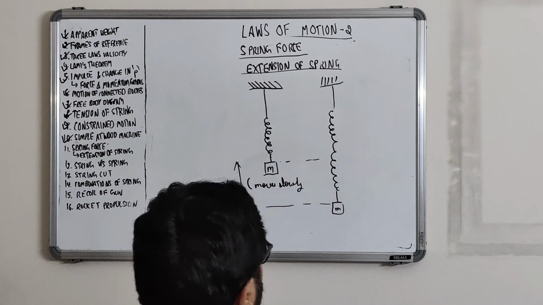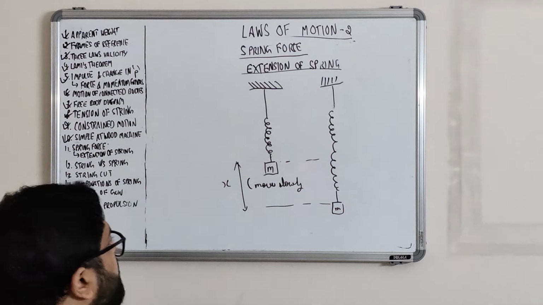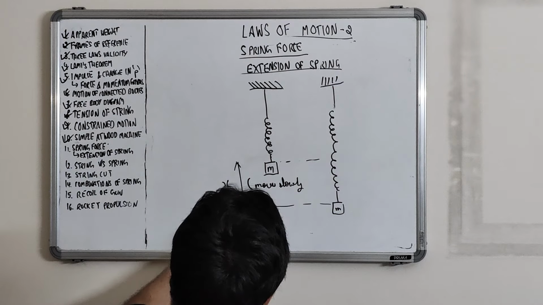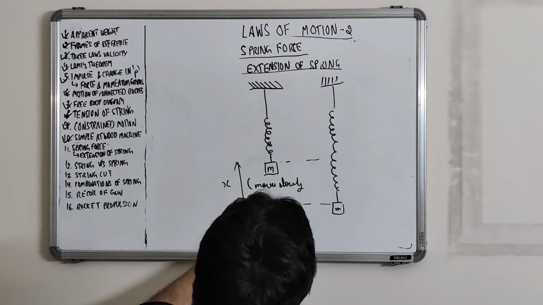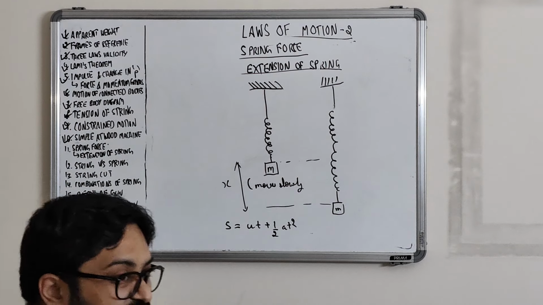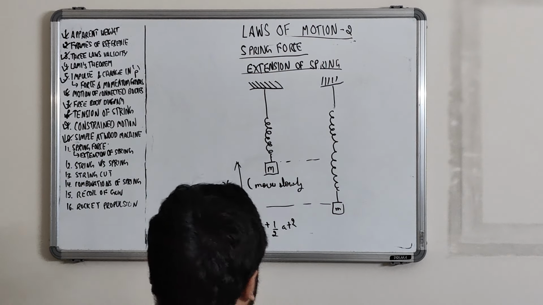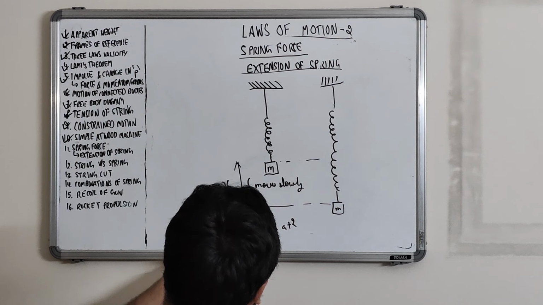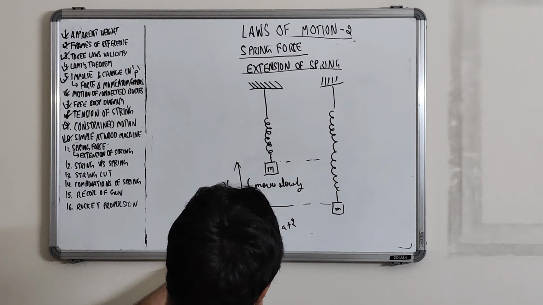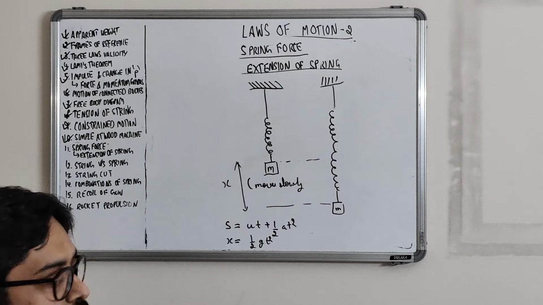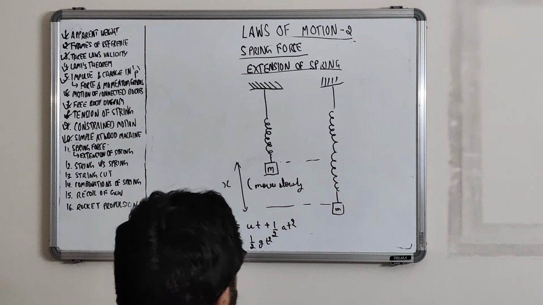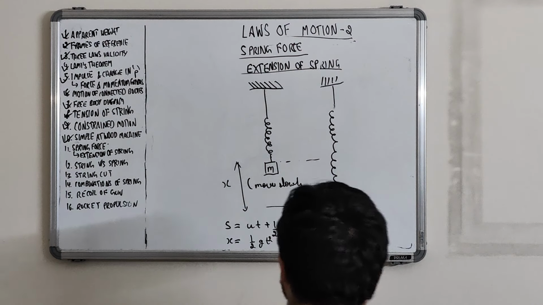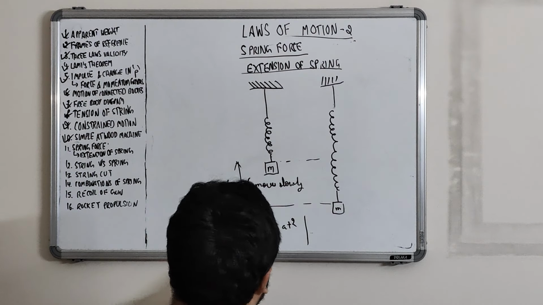Now s equal to ut plus half at square, right? S is what? X. U is 0, so half gt square.